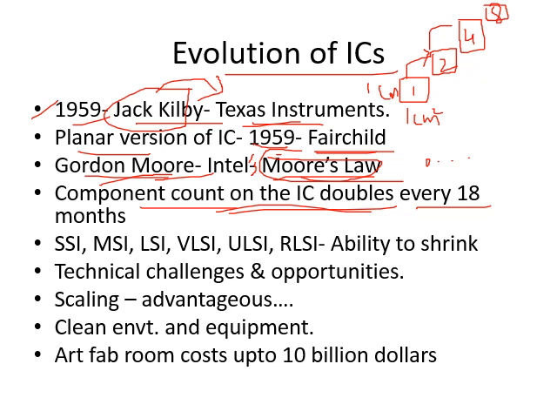For the next 18 months, the size of the transistor was again decreased. So the size of the components is getting decreased, or the number of components on the same area is getting doubled after every 18 months. This is a very famous law given by Gordon Moore. Very important.